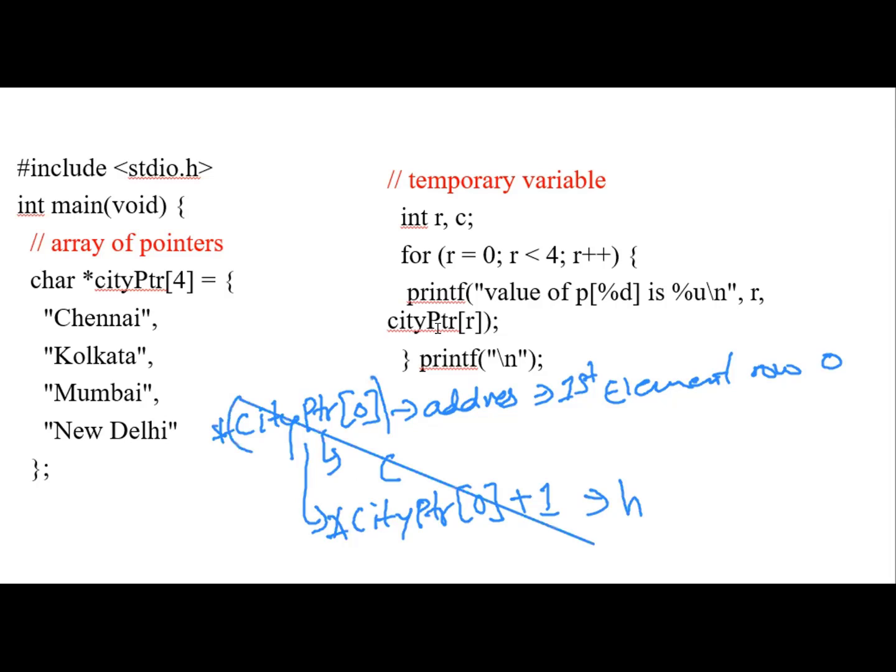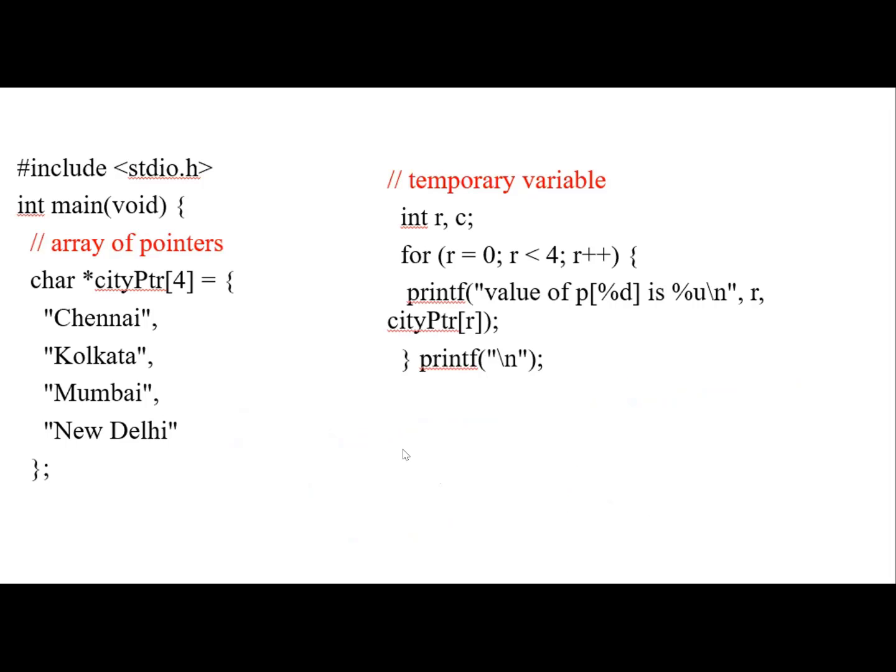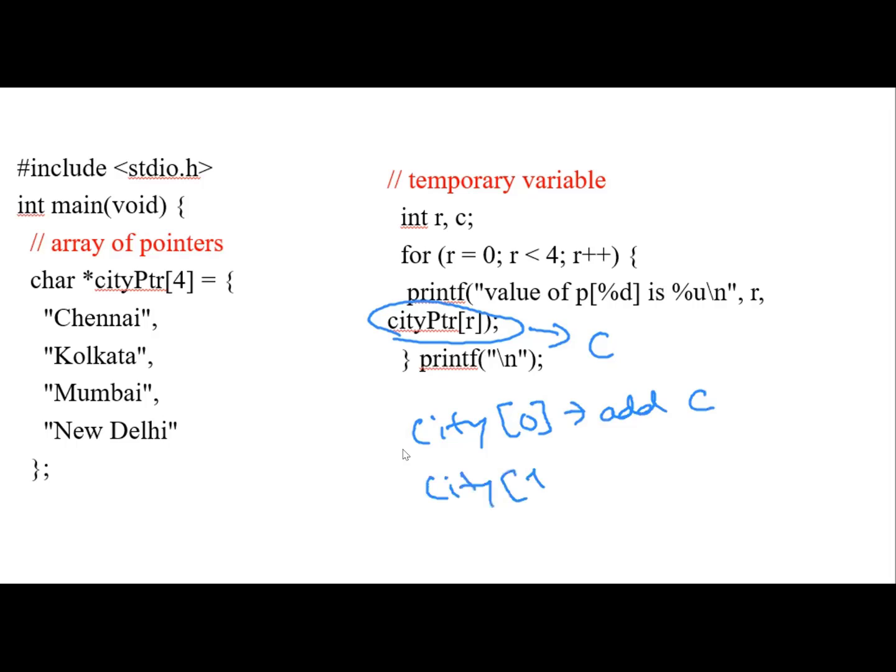Star of this one means it will point to C, and star of this one means it will point to H. So initially ctptr of 0 would be the address of where the C is stored. Then ctptr of 1 will be the address of K, not whole Kolkata.